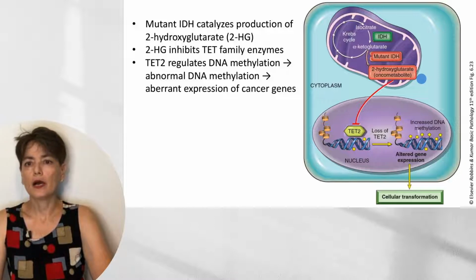Now, typically, what 2-HG will do is it will inhibit TET family enzymes. And the role of the TET family enzymes, such as TET2, is to regulate DNA methylation. So if you block this using 2-HG, you're going to lose TET2, which is going to lead to increased DNA methylation and altered gene expression, which can lead to cellular transformation.